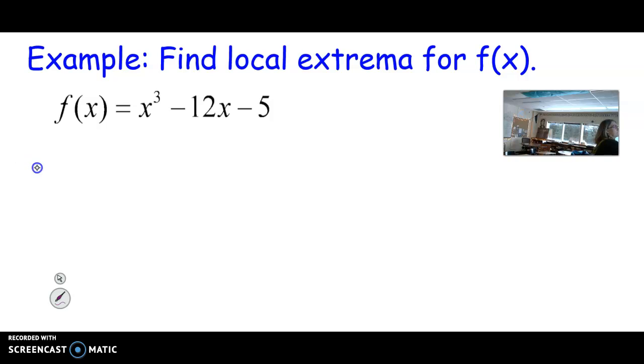So step one, to use the second derivative test: find critical points.